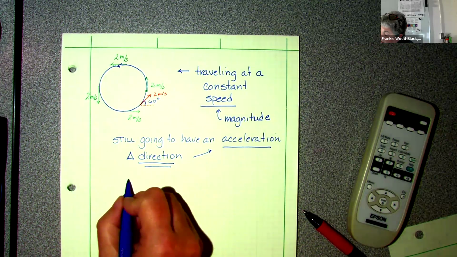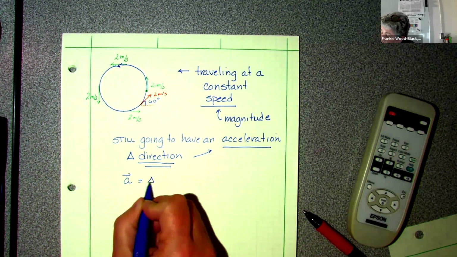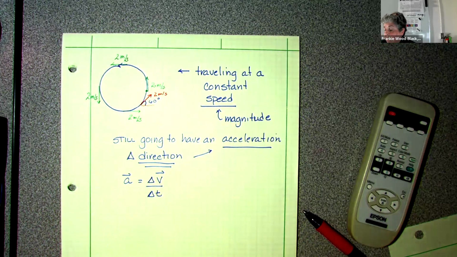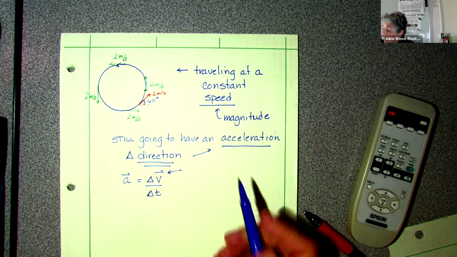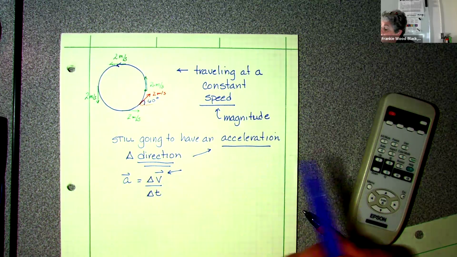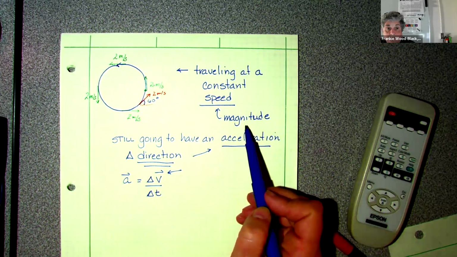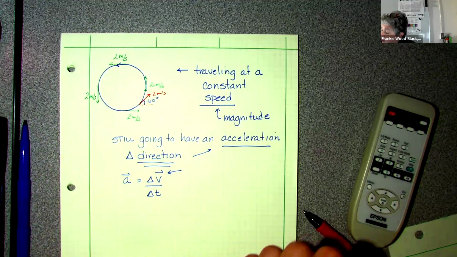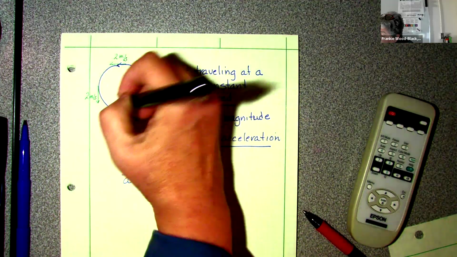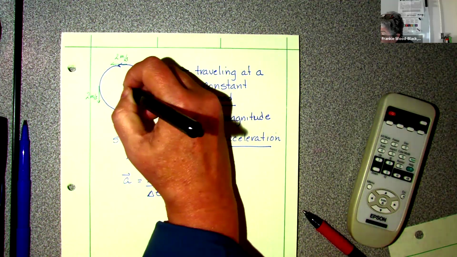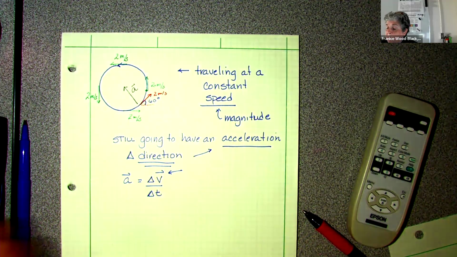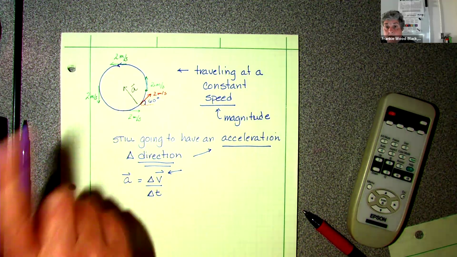Because remember, my acceleration is a change in velocity with respect to time. And my velocity is a vector, and I can either be changing in direction or I can be changing in magnitude. I can be doing one or the other. What we're going to find later is that this change in direction is going to give me a center-seeking acceleration, which we're going to end up calling a centripetal acceleration, and we're going to see that a little later.